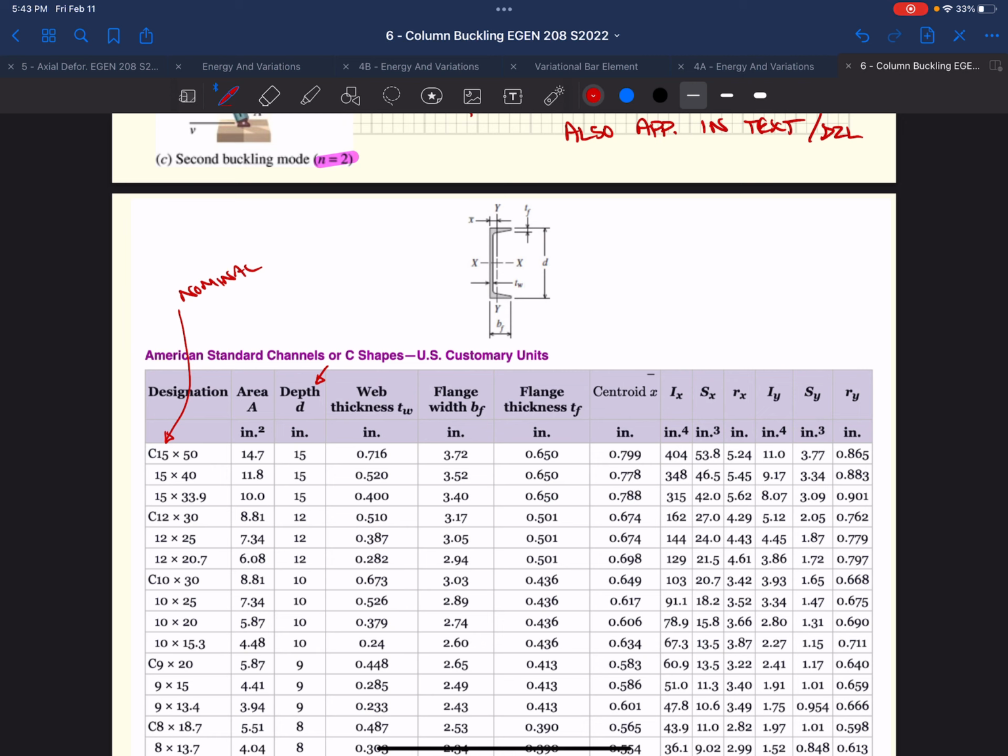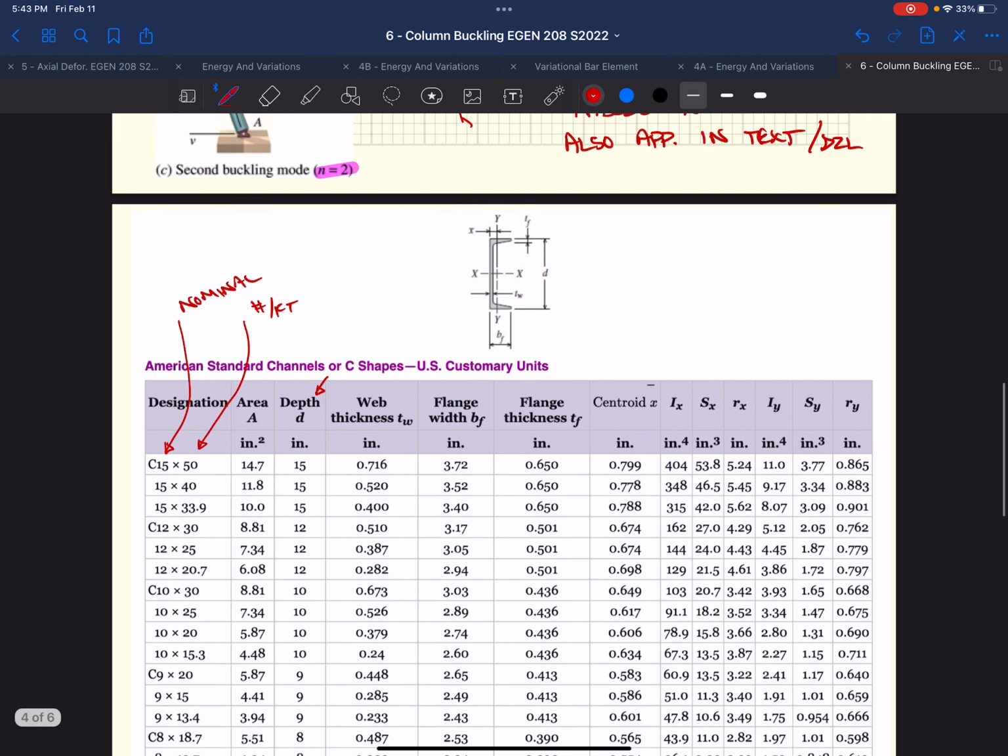We also have at the end of this designation, in this case C15 by 50, our weight in pounds per foot. So if we had a 1 foot piece of a C15 by 50, we would have a 50-pound piece of metal.